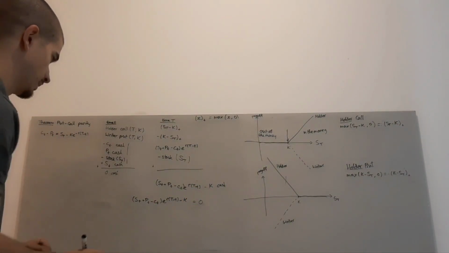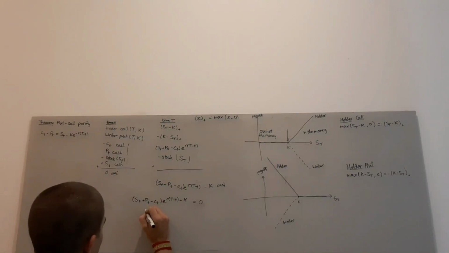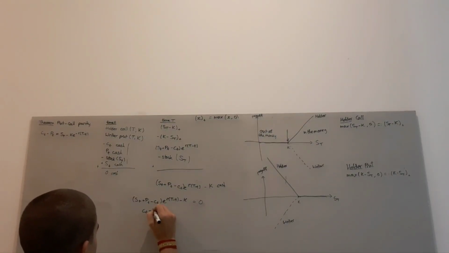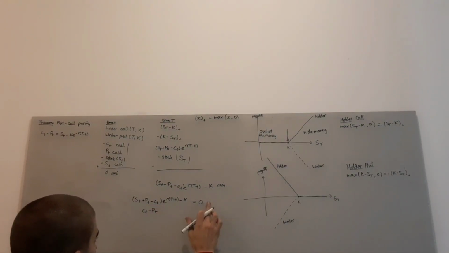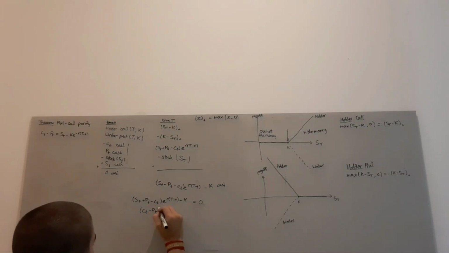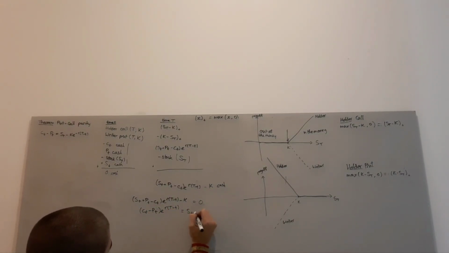Now rearranging, this becomes CT minus PT. We're going to put these on that side. e to the RT minus T equals ST minus K. Right, I should maybe do this a bit further down. Sorry, what have I done?